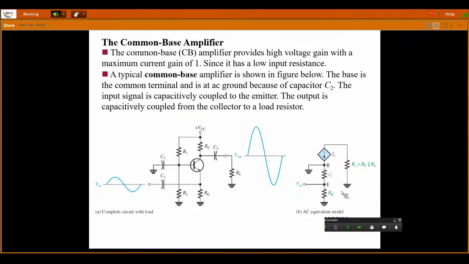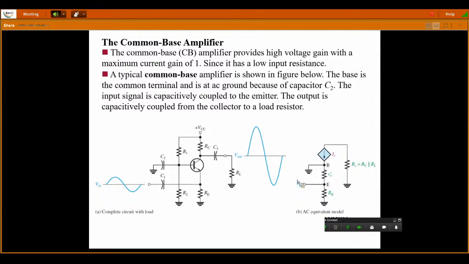The dynamic resistance of that input junction is treated as the AC emitter resistance RE dash. And this is your output current which is passing. We have just replaced that collector terminal with the current source, IC, the AC amount of current. So for the output, the effective load is equal to RC in parallel with RL.